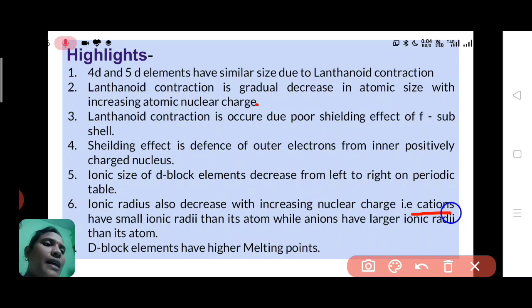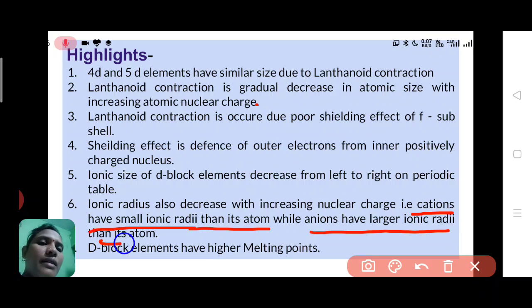Cations have smaller ionic radii than their atoms, while anions have larger ionic radii than their atoms. Cations are formed by increase in positive charge and anions by decrease in charge, so this increase and decrease in charge result in the decrease or increase in ionic radii.